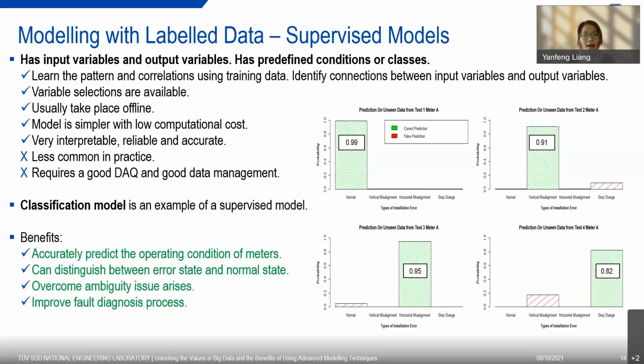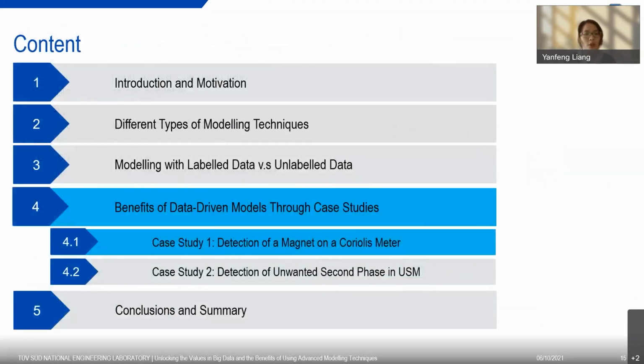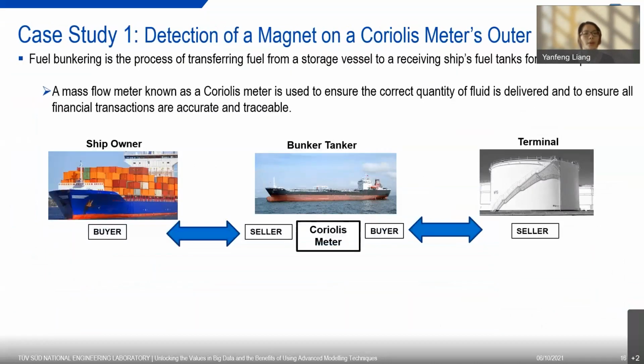Next, I would like to emphasize the benefit of using data-driven models through two different case studies. The first case study looks at the detection of a magnet on a Coriolis meter's outer casing, applied in the fuel bunkering industry.